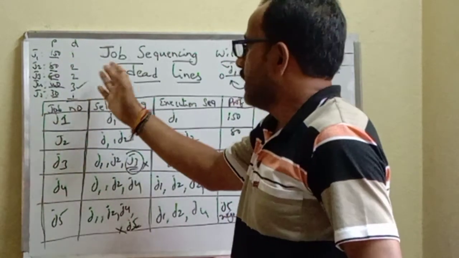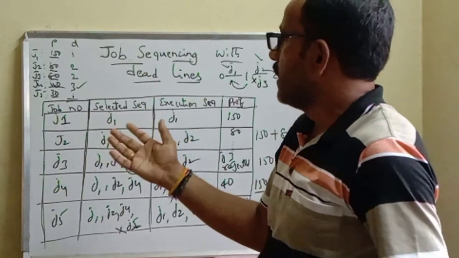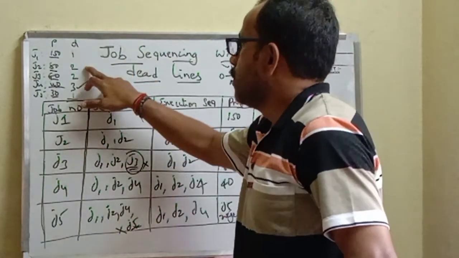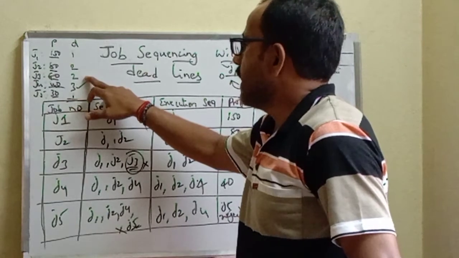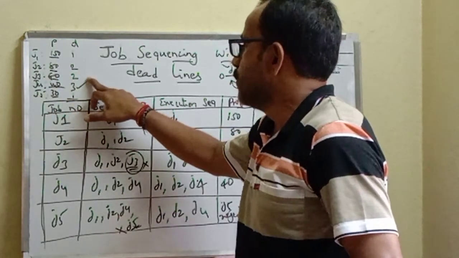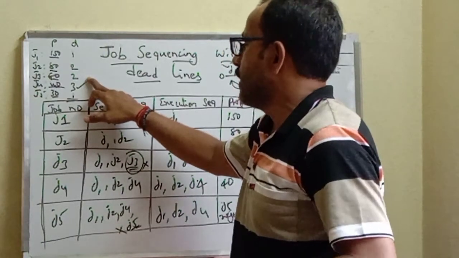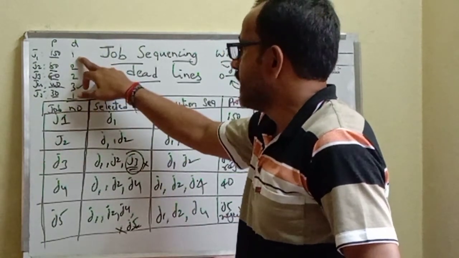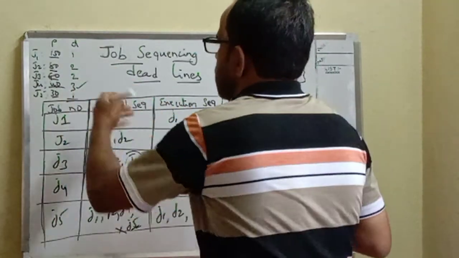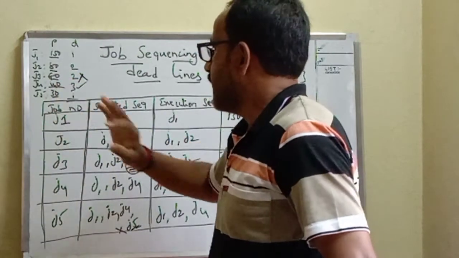Then only that job gives a chance to the remaining jobs. If the remaining jobs' deadline is less than this, I can execute them here. Then the next job's profit is 60, but its deadline is 2. The second slot is already occupied. Even if you verify the previous slot, it is occupied with J1, so I cannot execute J3. J3 is rejected, though that particular job has higher profit than the rest of the jobs.